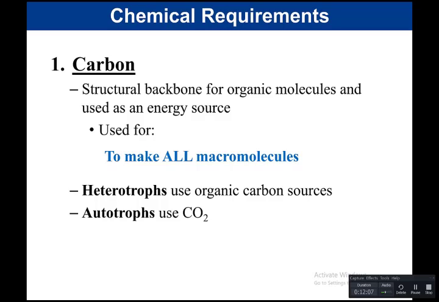So again, if we call an organism a heterotroph, the way that they take in carbon is through organic carbon sources. If we call an organism an autotroph, they will take in carbon dioxide as their carbon source. So these are the ways that organisms can take in their carbon, either through organic compounds or through carbon dioxide.